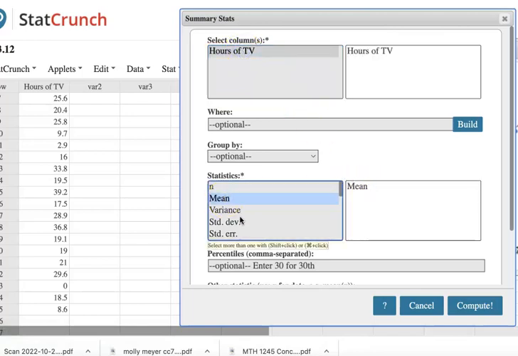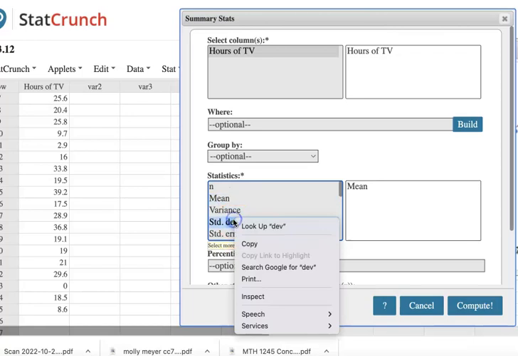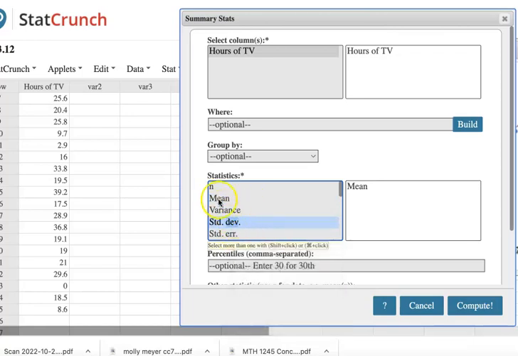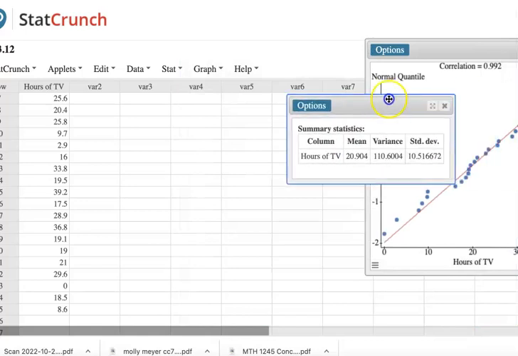I want mean and I want standard deviation. I always forget how to select multiples at the same time, but one of these days I'll remember. Is it option? Oh well, I'm just going to select all three of those. I don't need the variance this time, but I'm just taking it along for the ride. In this case, clicking compute.